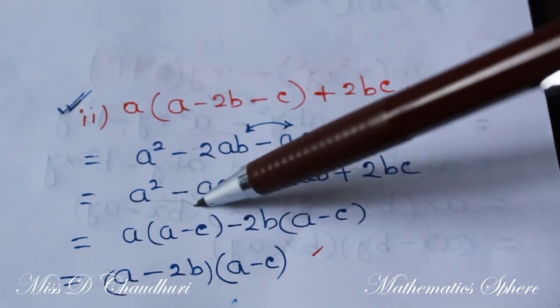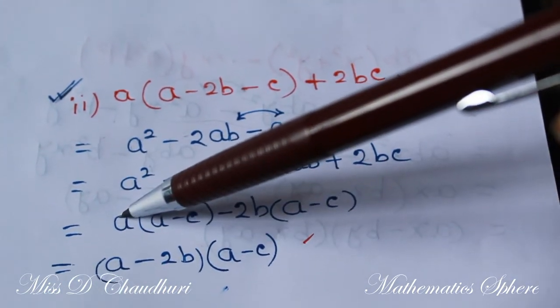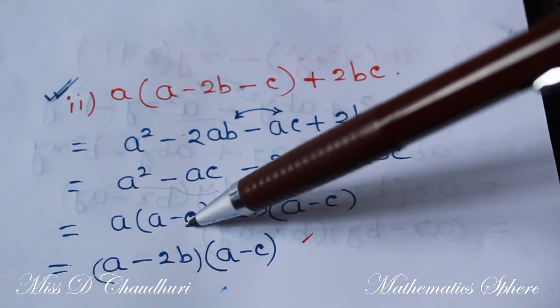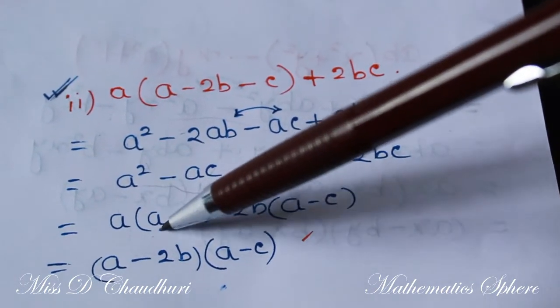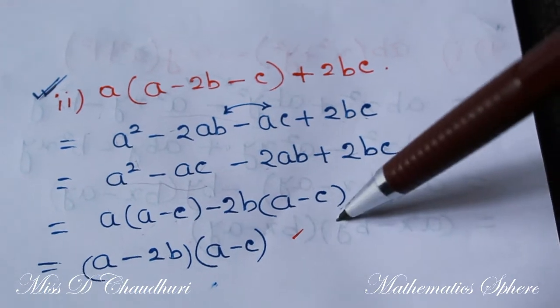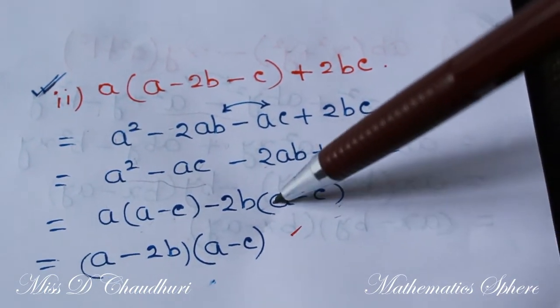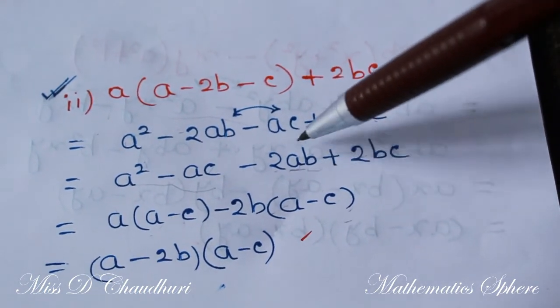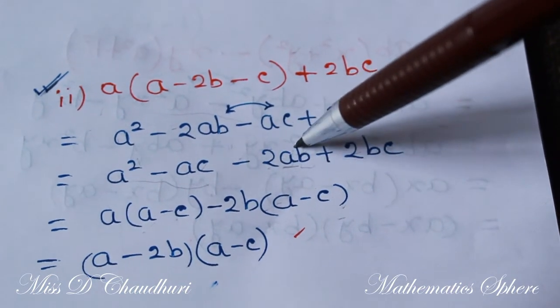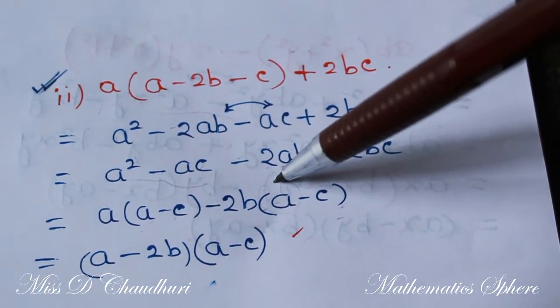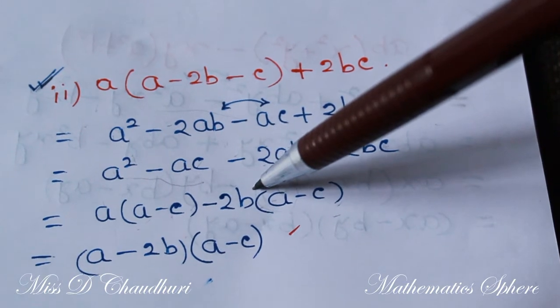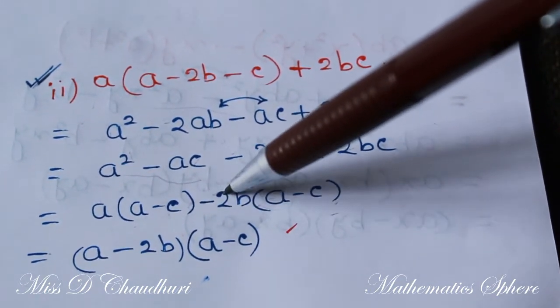Now you take the common from the first two. I see a comes to be common, so a minus c will be remaining. As we have already mentioned, a minus c will be here also. Now you adjust. Here a minus c. For the first term, a, if we multiply by minus 2b, then this first term will come. So if we take minus 2b here, this becomes minus 2ab.